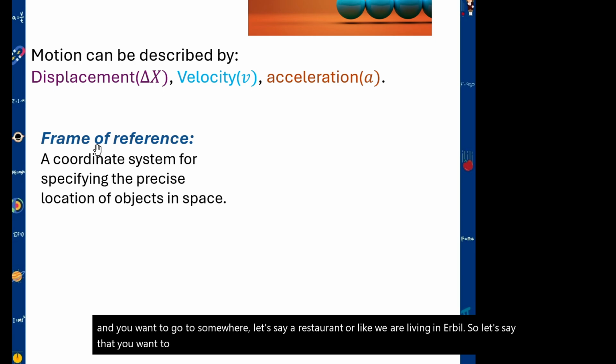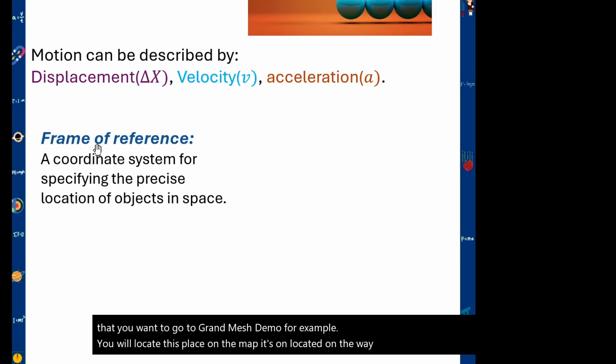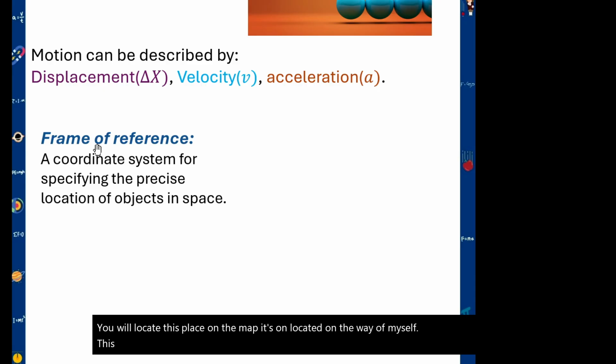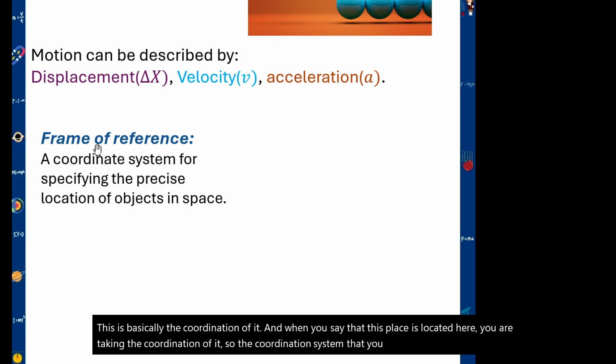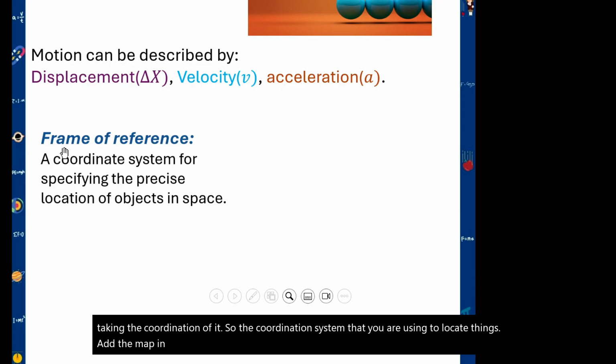You will locate this place on the map. It's located on the way of Masif. This is basically the coordination of it. When you say that this place is located here, you are taking the coordination of it. So the coordination system that you are using to locate things, the map in that case, is called the frame of reference. It's a coordination system.